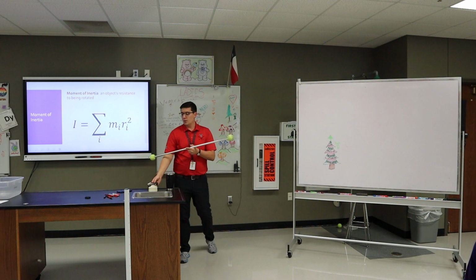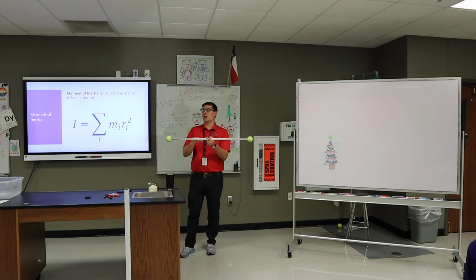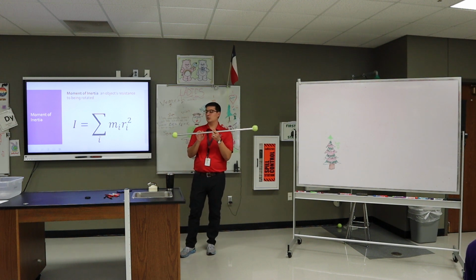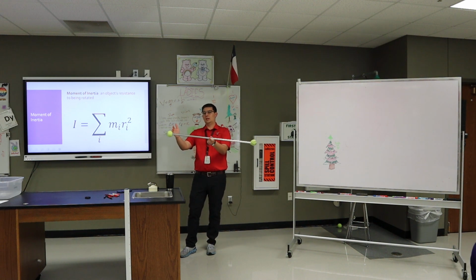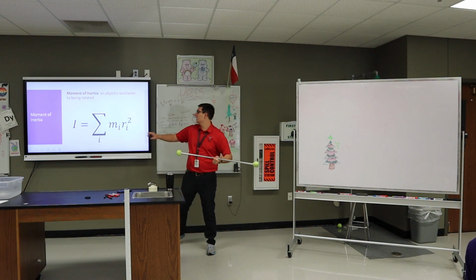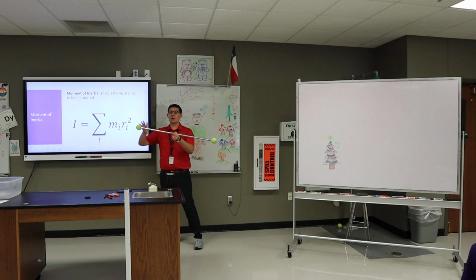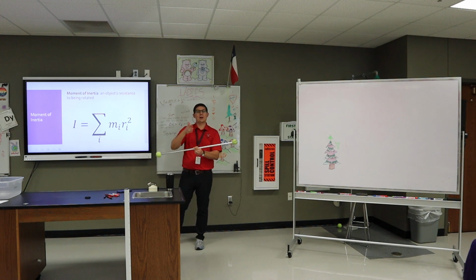The rod is massless, so it's not an object, so I'm kind of cheating. But then the two balls are, say, 1 kilogram each, and they're both half a meter from the point of rotation. So then it would be mr squared plus mr squared. Now I have the moment of inertia. Does that make any sense?